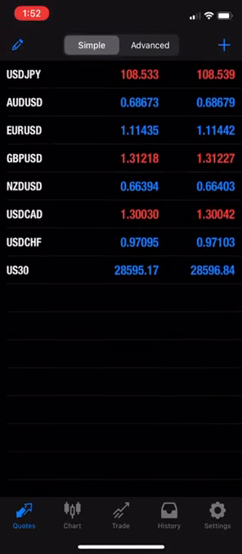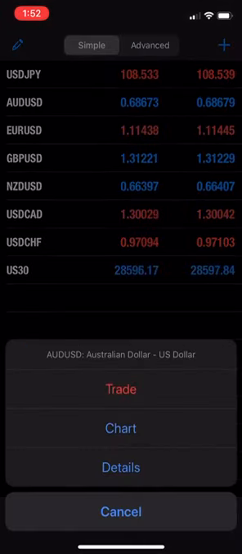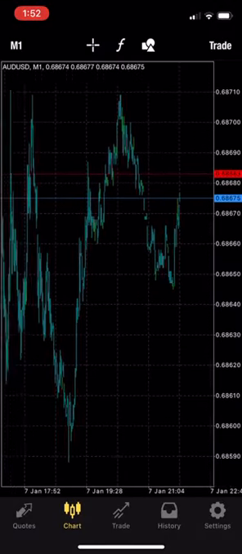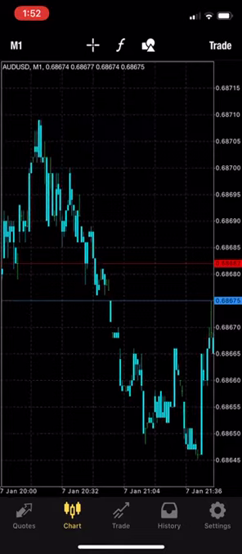Once you're ready to actually do something with a pair, we're going to click on one of them and just hold it down, and then you'll see a little menu pop up. This menu is asking us if we want to take the trade, look at the chart, or look at details about that specific currency pair. So let's hit chart, and it'll take us to the chart where we can see the different time frames.